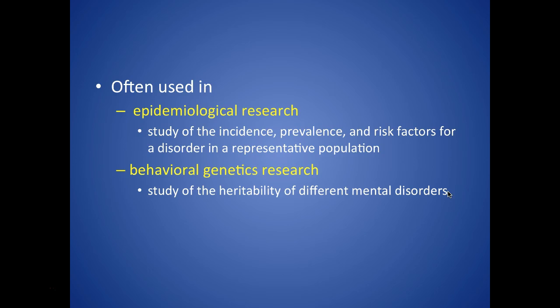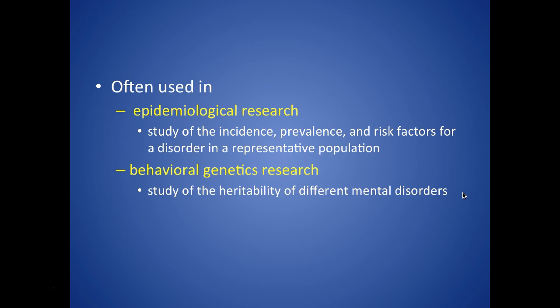Correlational research is also used in behavioral genetics research. You study the heritability of different mental disorders. For example, you can correlate the degree to which people share genes with the likelihood of having a particular mental disorder, for example, schizophrenia or bipolar disorder.